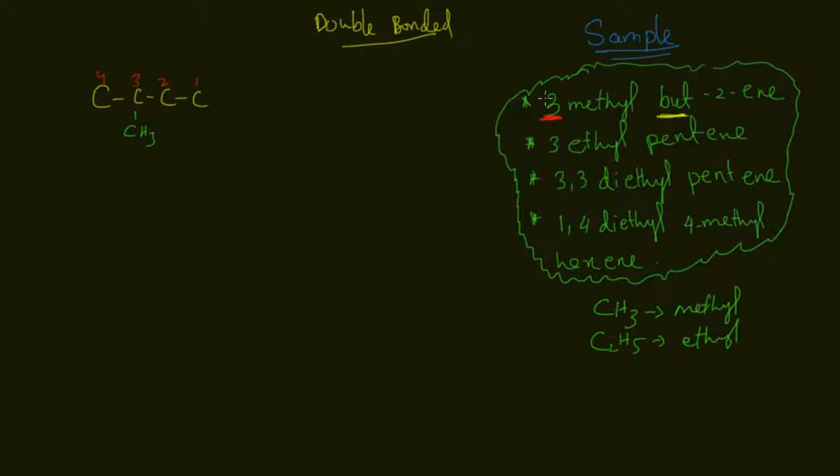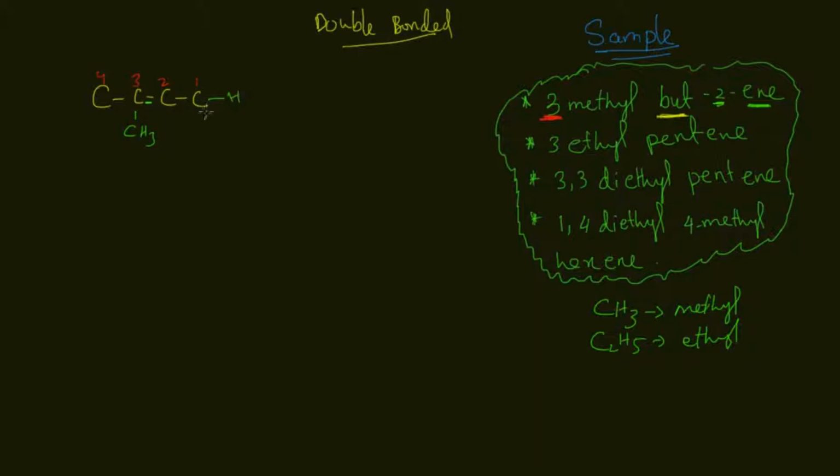So the number 3 carbon has the methyl group. And from the name I can notice that 2-ene, the hydrocarbon that ends with ene, as we know by now, is a double bonded hydrocarbon. So 2-ene means the second carbon has a double bond. So the next step is to put a double bond there.